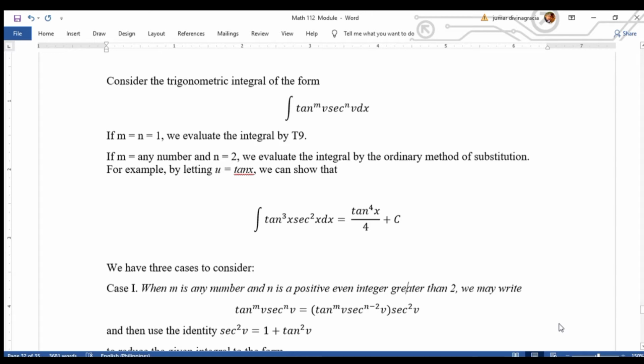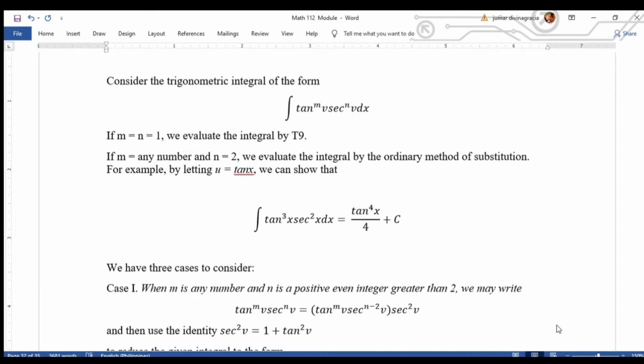So we have here tangent to the power of m times v times secant to the power of n times v is equal to tangent to the power of m times v times secant to the power of n minus 2 times v times secant square of v.